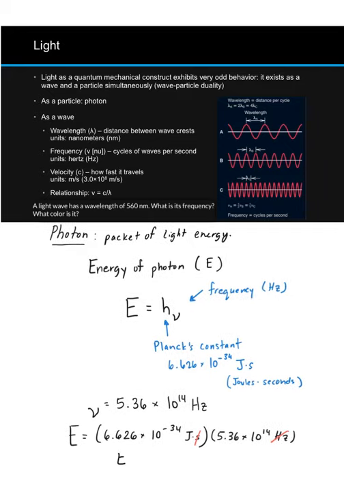The energy of this wave, therefore, in joules, ends up as 3.55 times 10 to the negative 19th power. And when calculating the energy of a light wave, we'll often find that it falls in the range of something times 10 to the minus 19 joules.